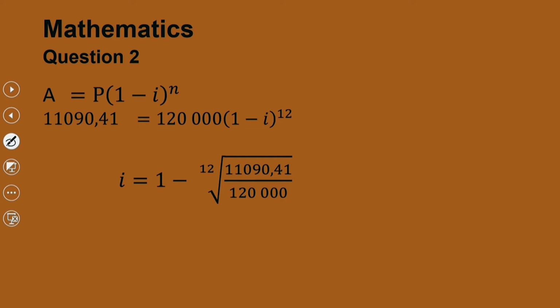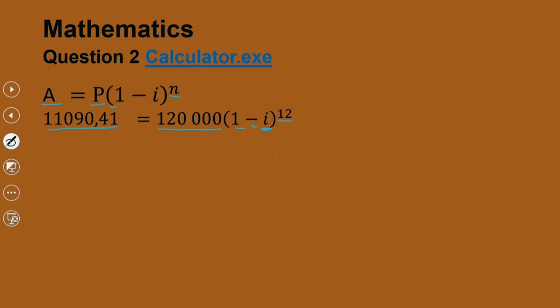So we can proceed. And when we proceed, what do we do? First of all, what we need to do is divide first to simplify. We divide this side by 120,000 on the right-hand side, and we divide the left-hand side also by 120,000. After we have divided by 120,000, what happens? On the right-hand side, 120,000 will cancel 120,000, right?